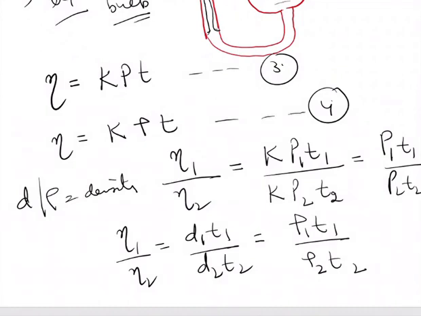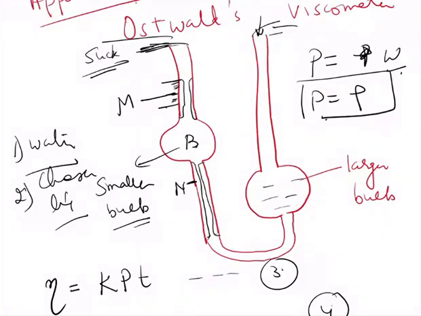Yes, ma'am. Class, if you want details of the Ostwald viscometer, you can look into Kale Kapoor's book also. Because the apparatus is sometimes asked in discussion, let me tell you once more.